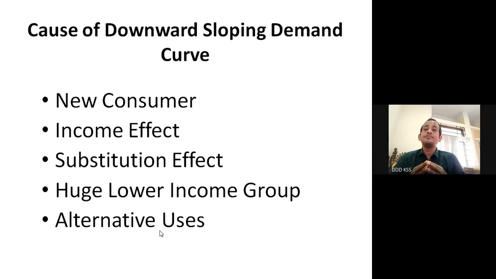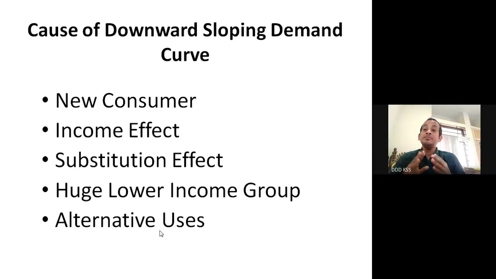Now, for example, if we think about the electricity price per unit. If the price of electricity per unit increases, then the consumer may not use it for other purposes. Other purposes means, like, heating purposes. The consumer may not use a room heater, then AC may not be used, then an induction cooker may not be used.